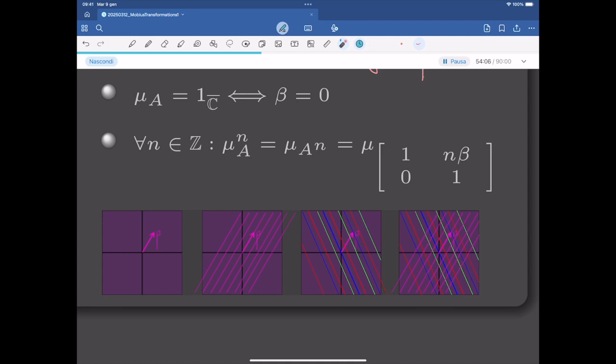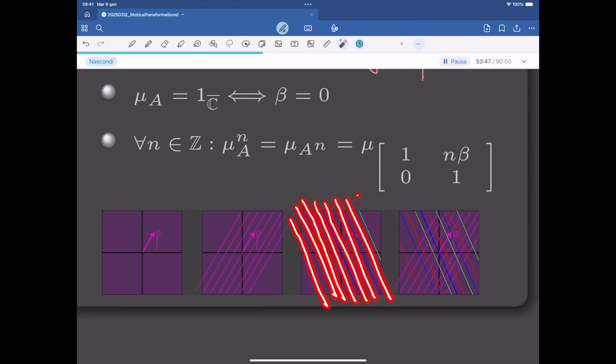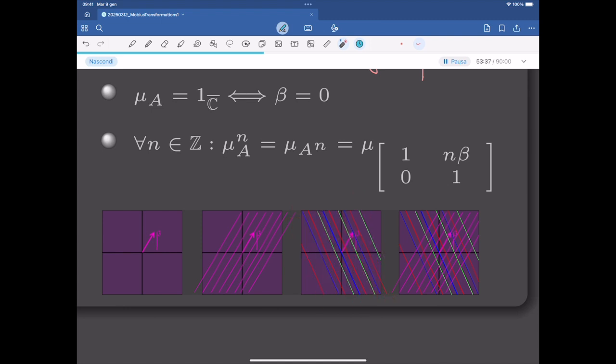Anyway, then for any vector not parallel to the translating vector, if you consider the family of Euclidean straight lines parallel to this new vector, which is not parallel to beta, what happens is that translation by beta permutes this other family.